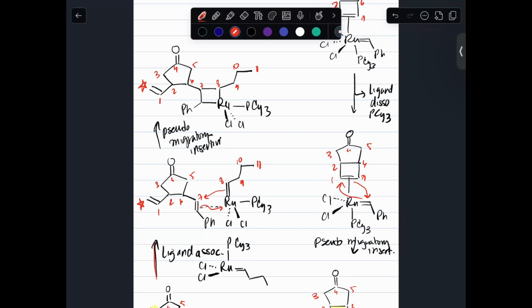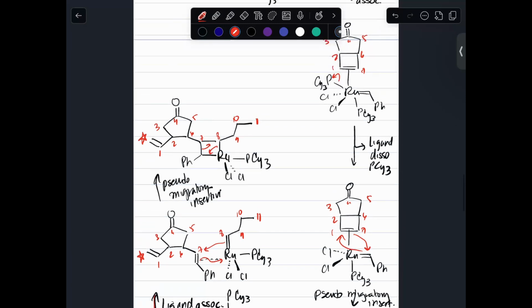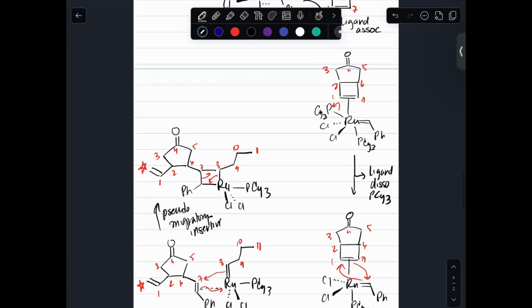And you can see that carbon 7 and carbon 8 are now bonded together. Now it can collapse, and it can collapse to form a double bond between carbon 7 and 8. And it forms the precursor to our catalyst. So it's provided us with our product.